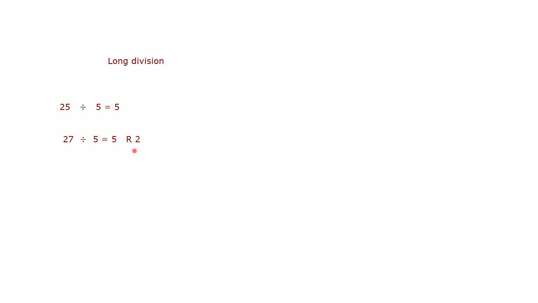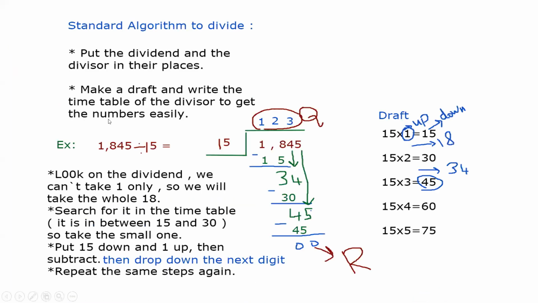But how can we solve the division for the long numbers or with the big numbers? This is what we learned together in the long division. Can you remember? The standard algorithm in division.